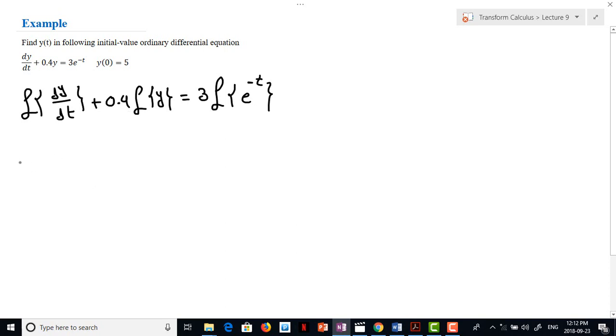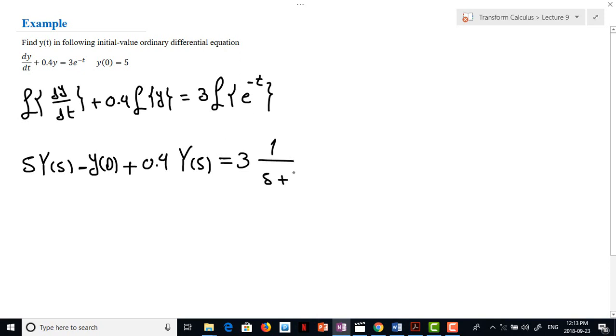So based on the transform of derivatives, Laplace transform of dy over dt is equal to s Y(s), where Y(s) is Laplace transform of y, minus y at t equal to 0, plus 0.4 times Laplace transform of y, which is Y(s). It's equal to 3 times Laplace transform of e to the power of minus t, which is 1 over s plus 1.